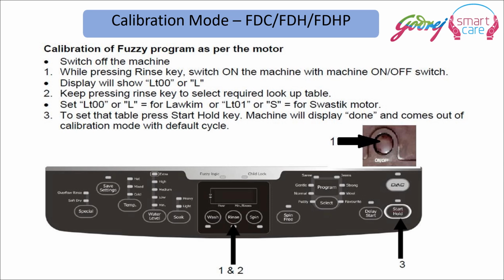Set LT00 for Lockheed's or LT01 for Swastik motors. To set that table, press the start hold key. The machine will display done and come out of the calibration mode with the default cycle.